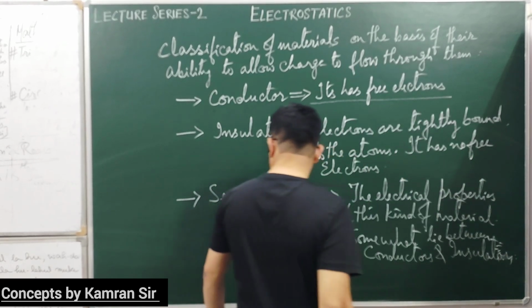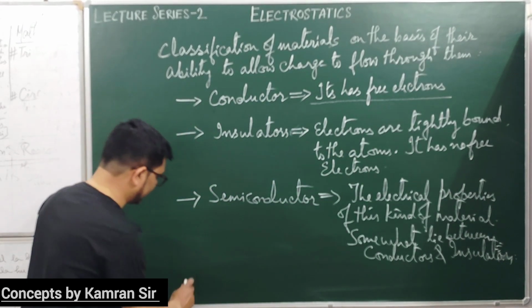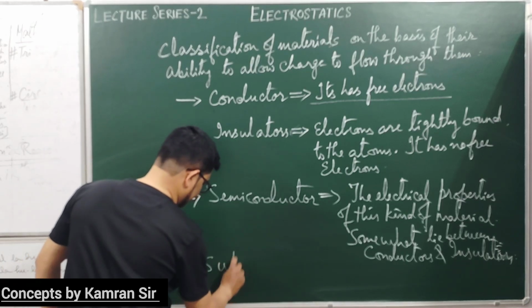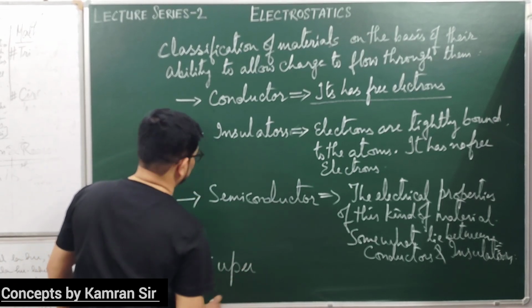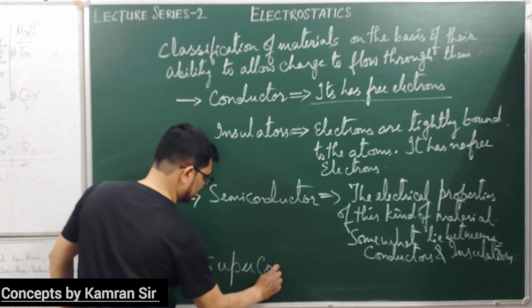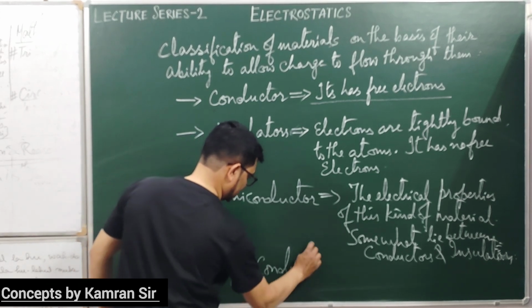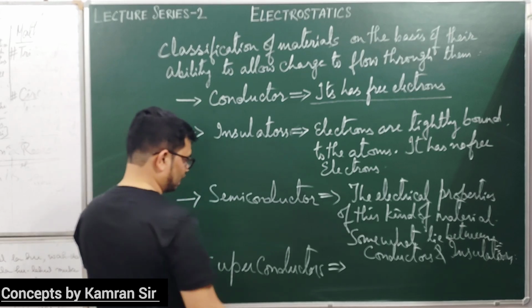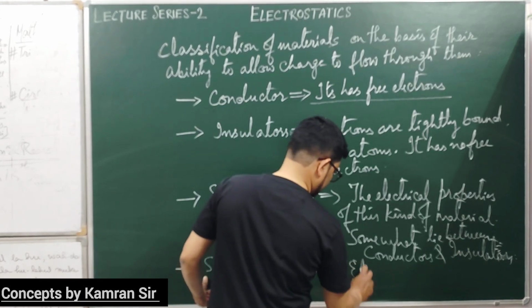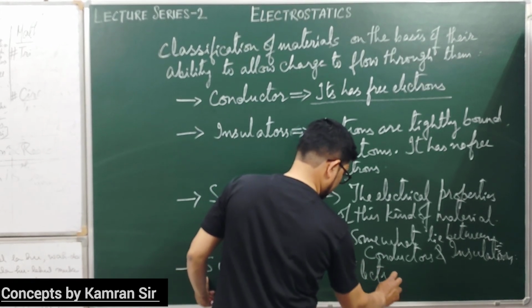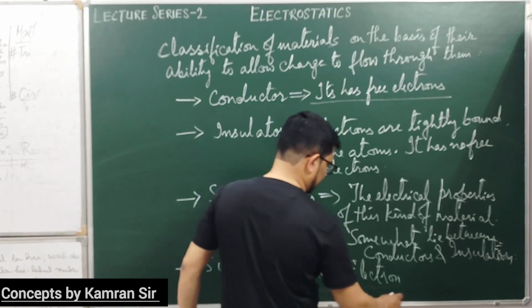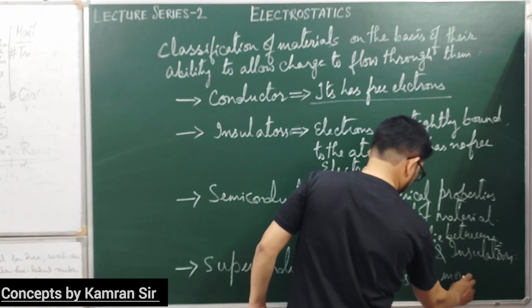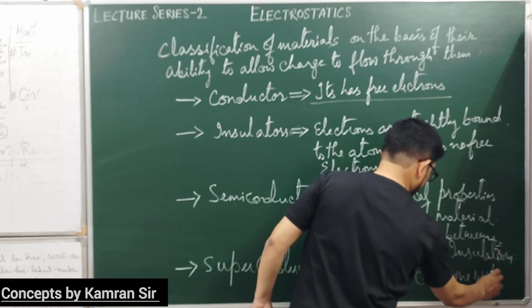Okay. Another kind, on which a lot of research is going on, is superconductors. Another classification could be superconductors. Now, in this special type of material, electrons apparently can move without any hindrance.